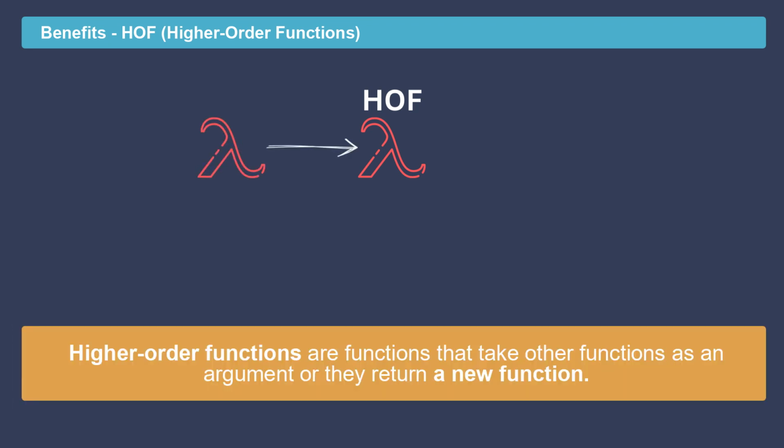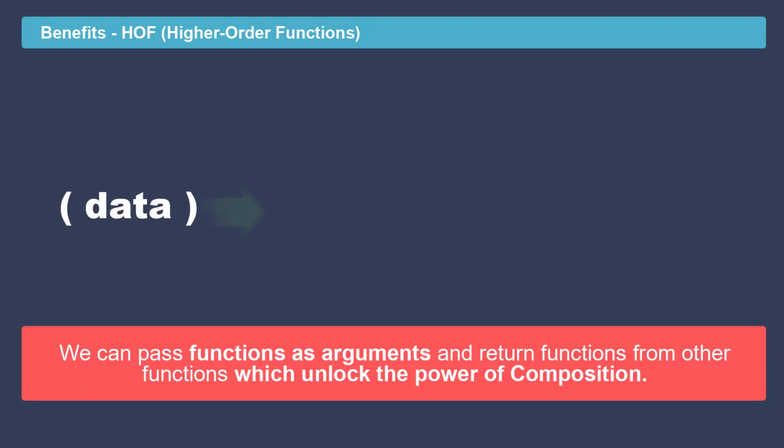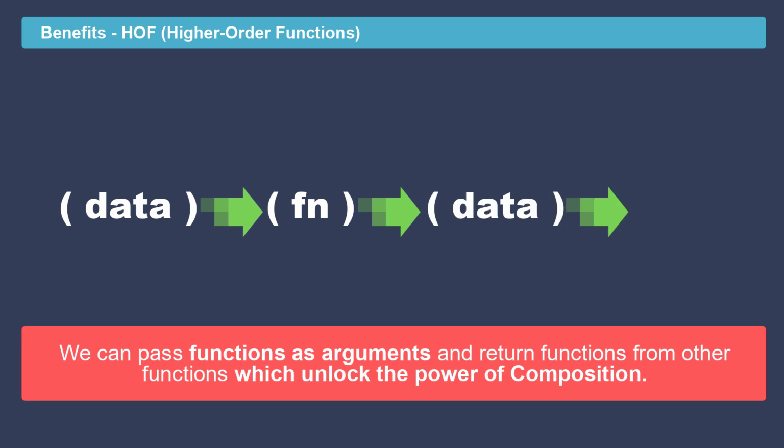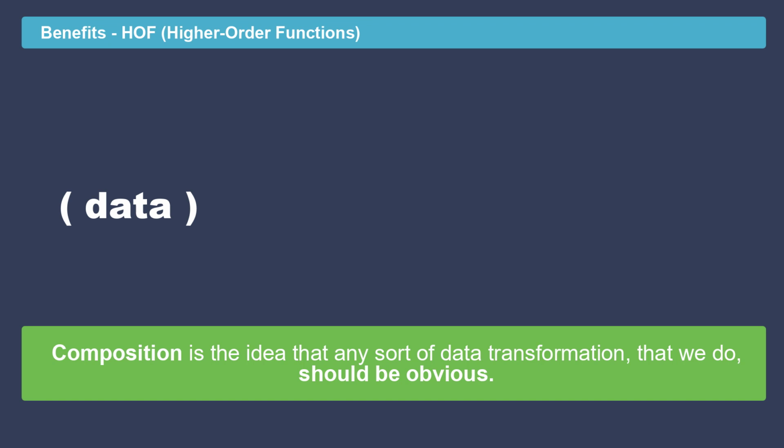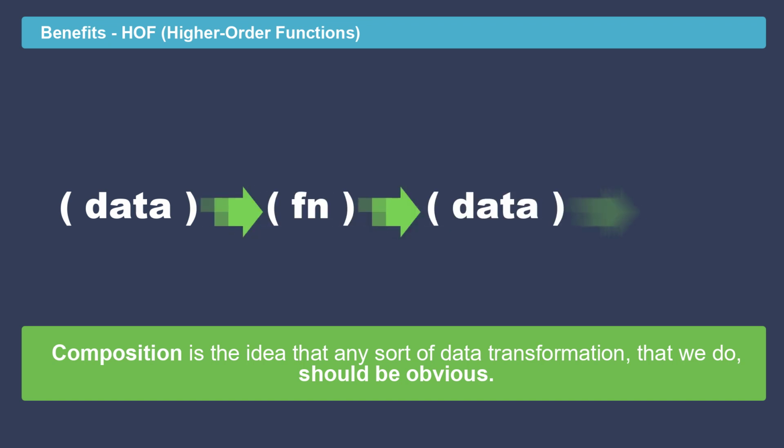Higher order functions are functions that take other functions as an argument, or they return a new function. We can pass functions as arguments and return functions from other functions, which unlocks the power of composition. Composition is the idea that any sort of data transformation that we do should be obvious.